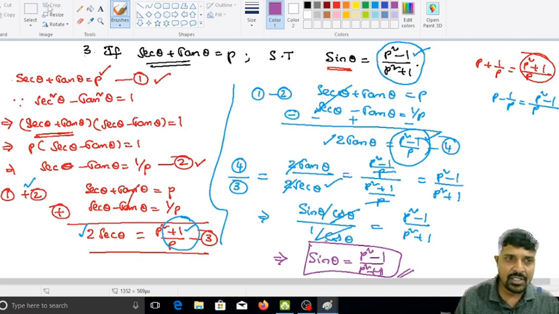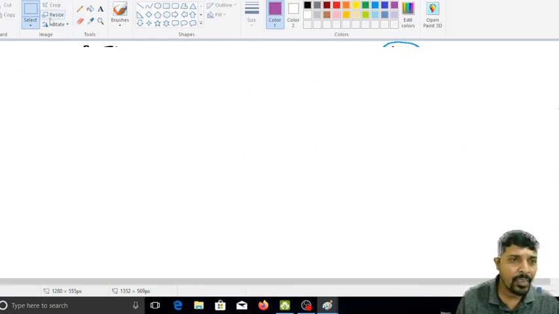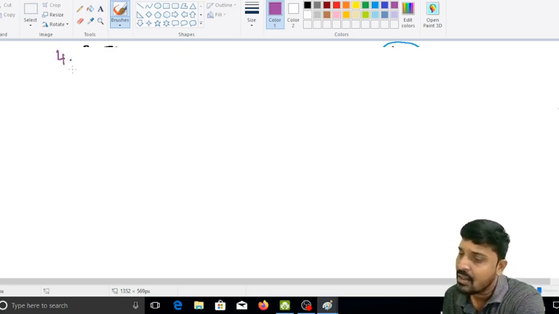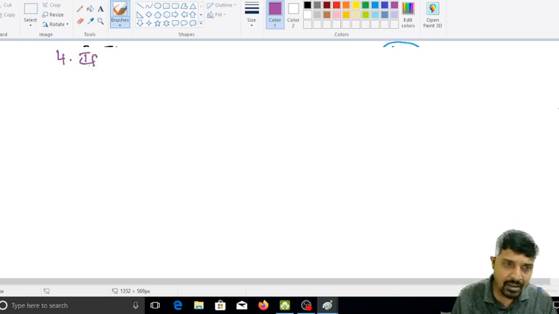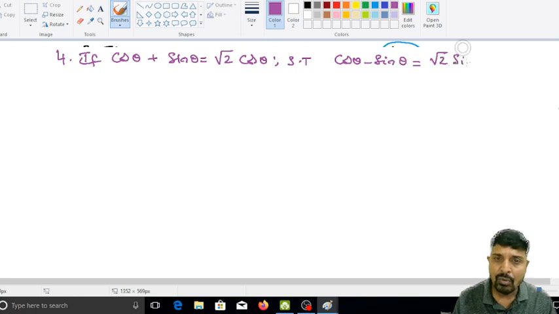Now we will go for the next question. So the next question is question number 4, that is, if cos theta plus sin theta is equal to root 2 cos theta, then show that cos theta minus sin theta is equal to root 2 sin theta.